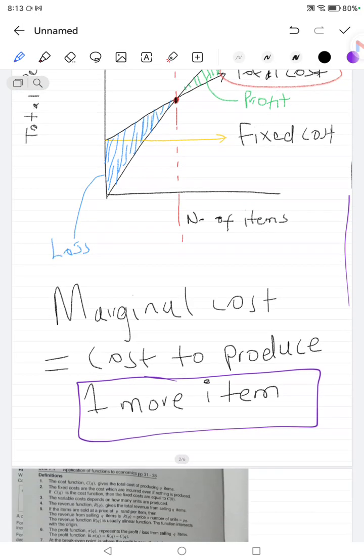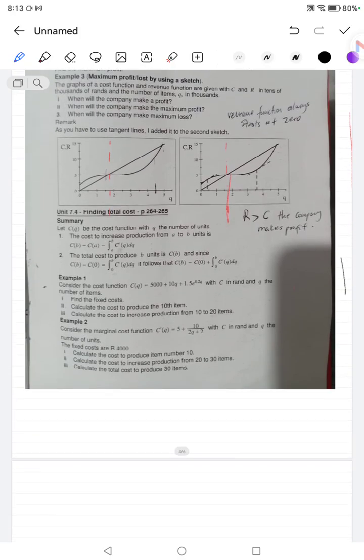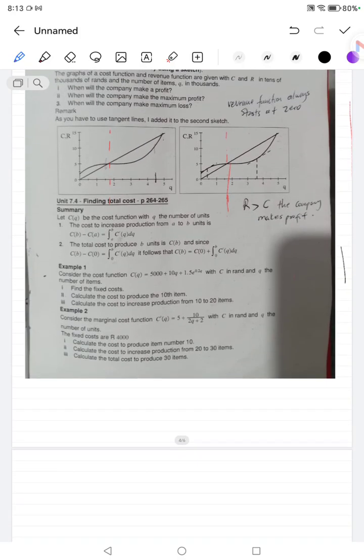So now if I'm given something like this, you can quickly check when the company will make a profit.